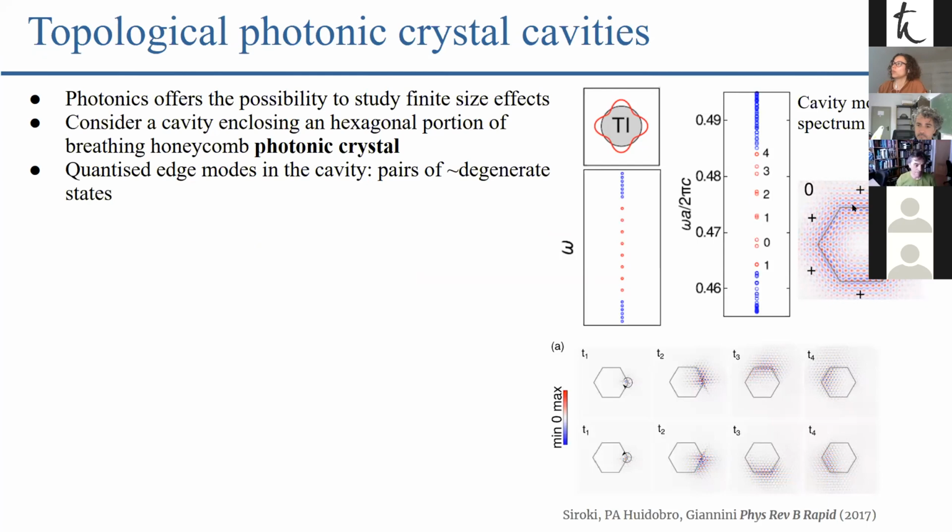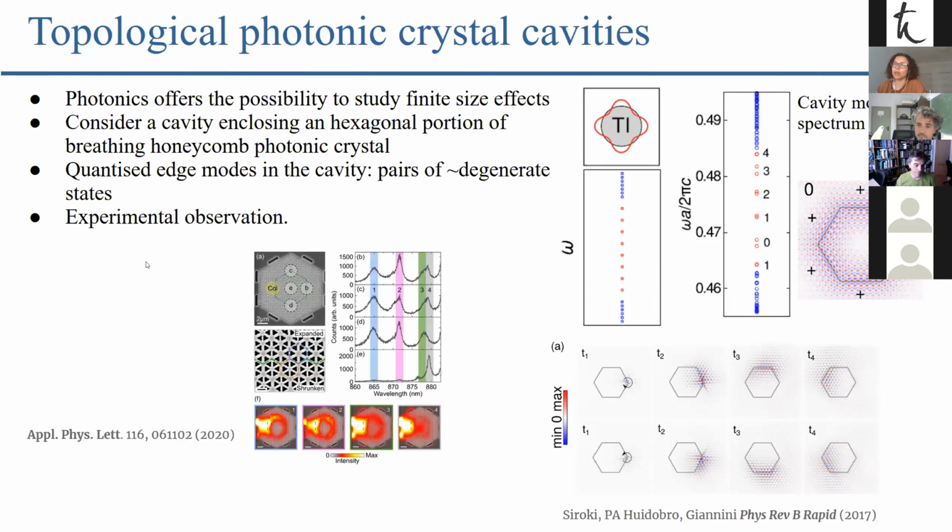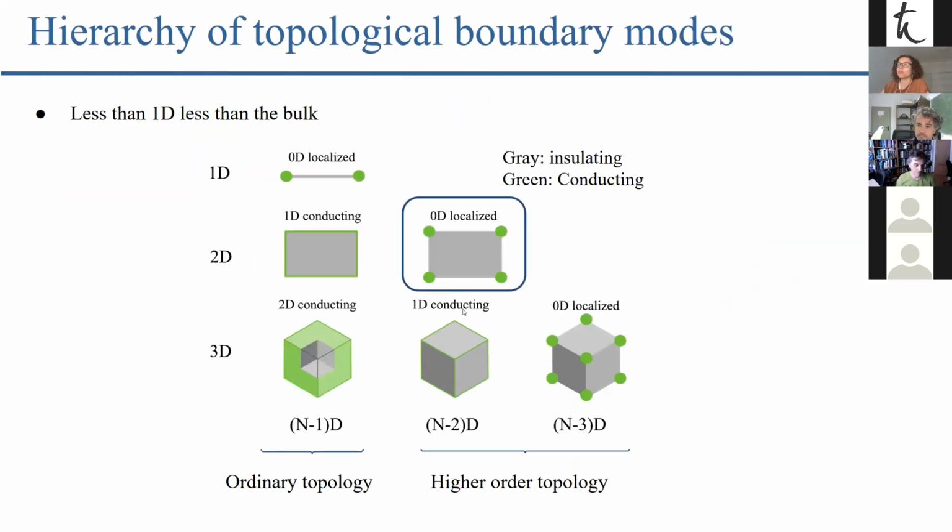What we found was that the edge modes are quantized within the bandgap, and they appear in pairs of degenerate states with opposite circular polarization. This is very related to what was discussed in the talk by the Sheffield group, where they observed this kind of quantized standing waves in a resonator, with states within the bandgap.